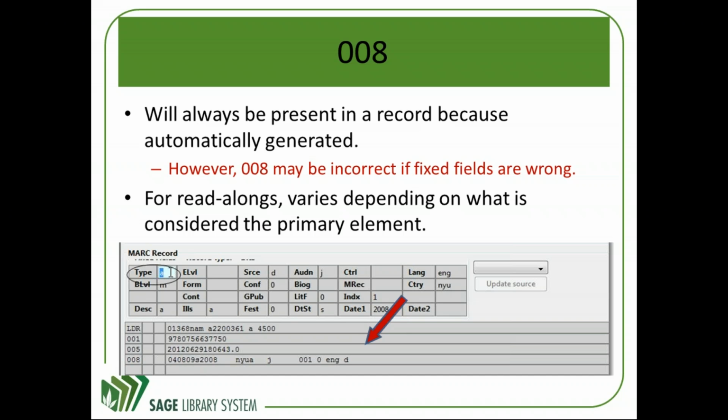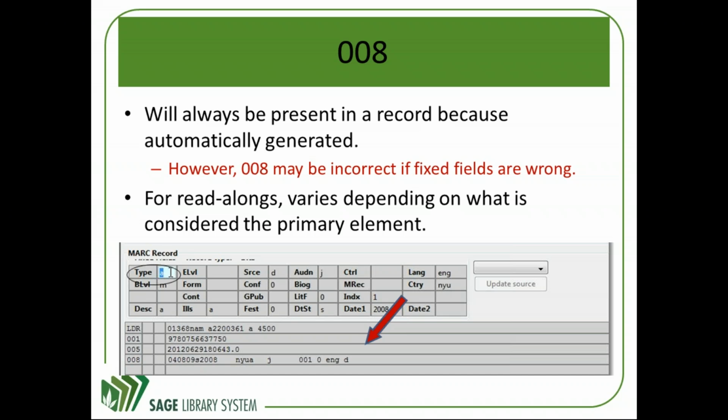And so sometimes in transferring that information, not everything gets recorded properly. So it is a good idea to take a look at the 008 to verify that the information in that field does correspond with what you are looking at.